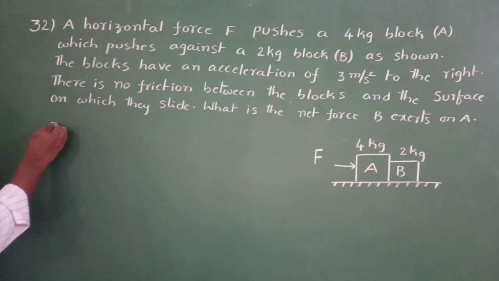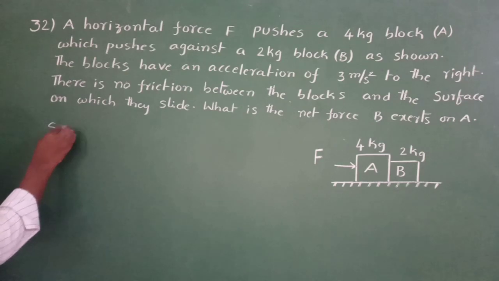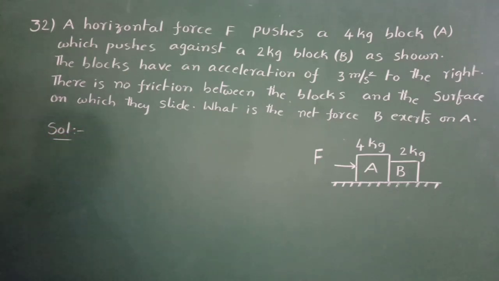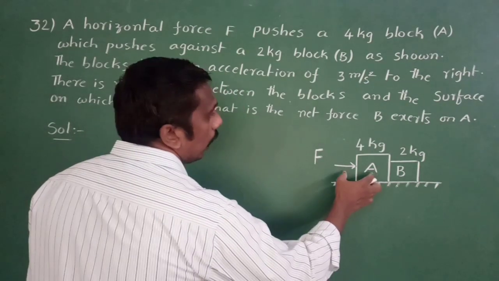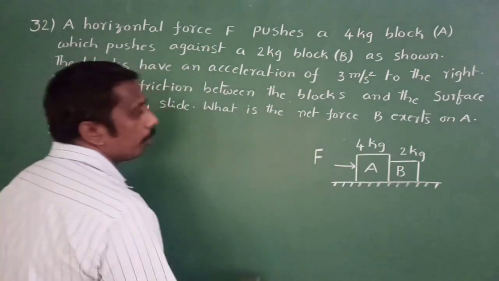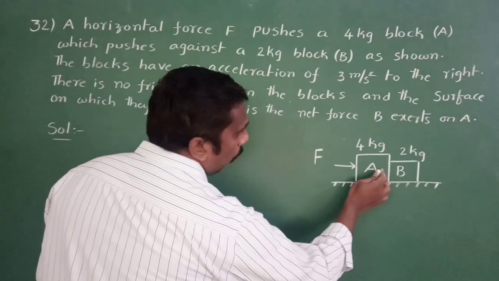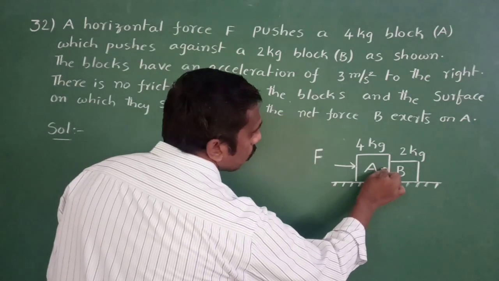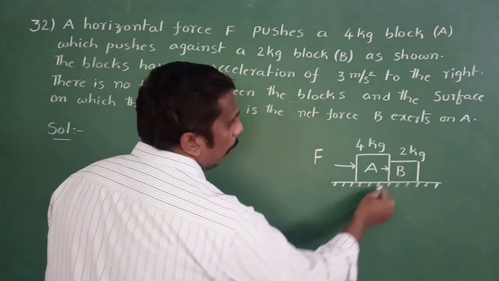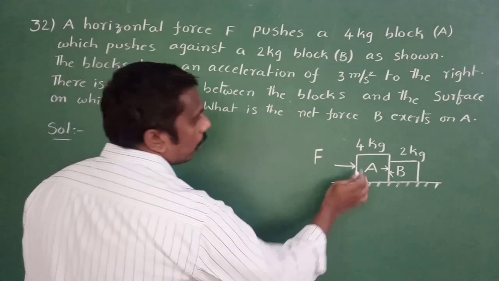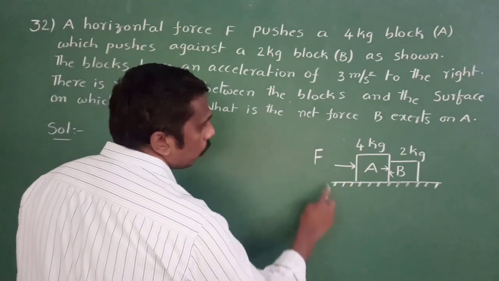Here we know the acceleration of the blocks. The acceleration of the blocks is equal to 3 meter per second square. These two blocks are in vertical equilibrium, so we consider only horizontal forces. Block A is exerting a force on B in this direction, and B is exerting a force on A in this direction. Come to block A. On block A, two forces are acting.